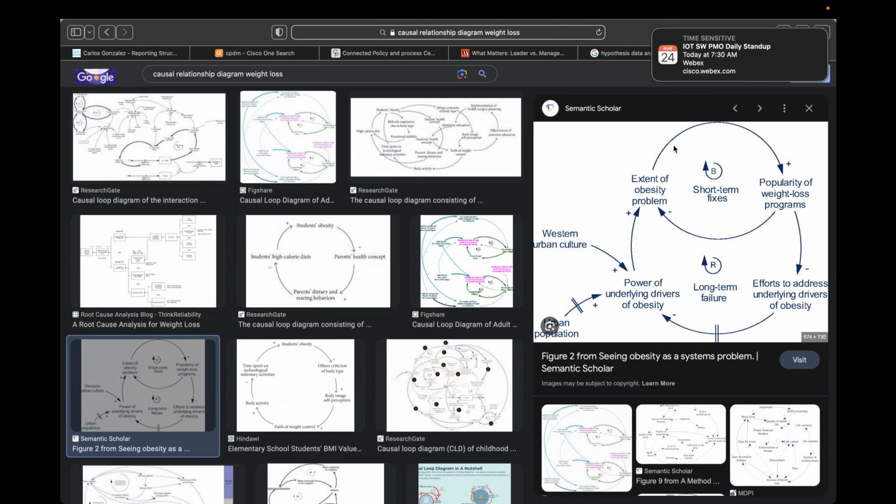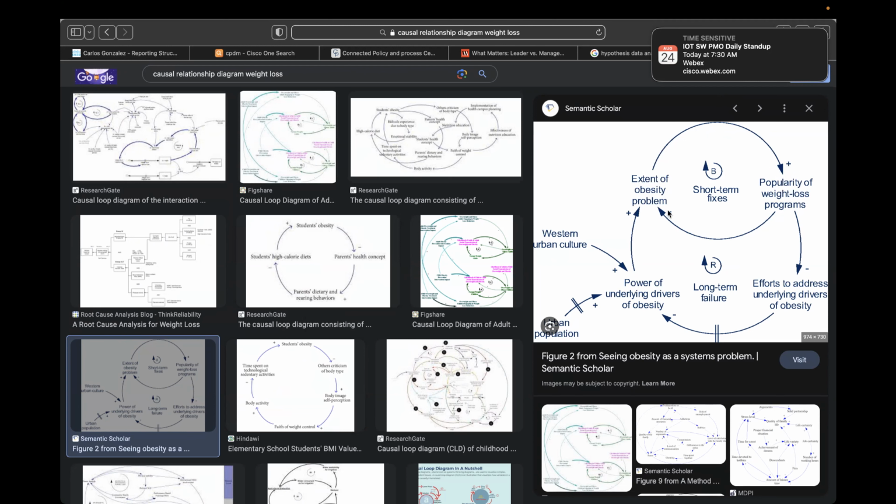So again, what you see is the cause, the extent of the obesity problem, and the result, popularity of weight loss programs. This shows the relationships, right? If it's a plus, then that's an increasing or positive relationship. And it's positive from the perspective that a symptom or an event causes more of the result.